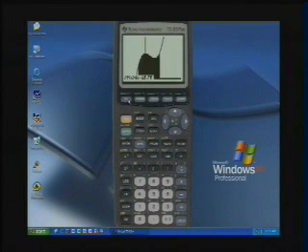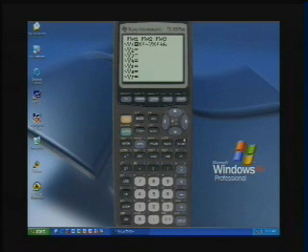The first thing I need to do is to type in the function. So we have 0.00003x squared minus 0.003x plus 2.